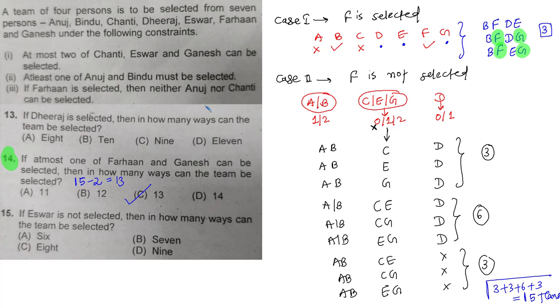After that, question number 15 says that if Ishwar is not selected, then in how many ways can we select the team? So total number of teams are 15. Out of that, in how many teams is Ishwar selected? E is selected in these 2 teams. E is selected here, everyone.